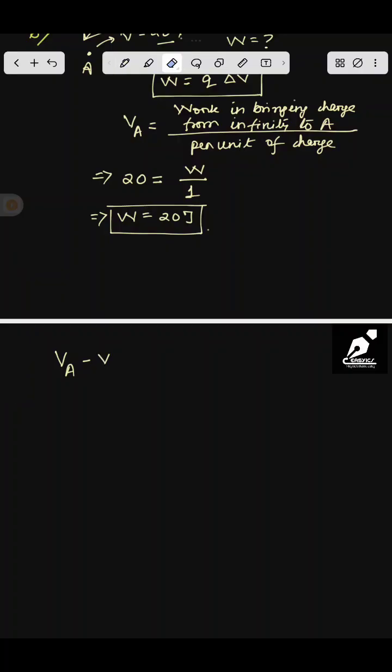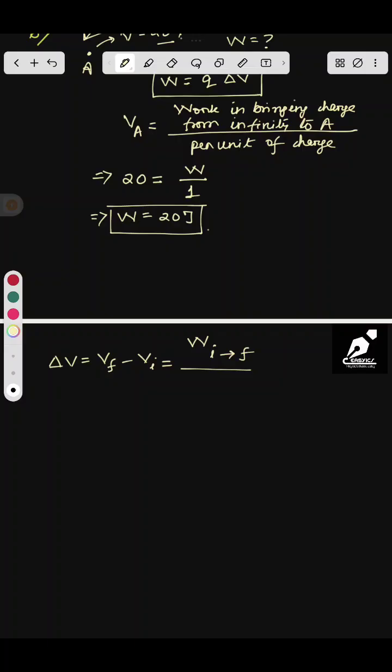Let me state it in a better way. Potential difference is equal to V final minus V initial, which is equal to the work done in bringing a charge from the initial position to the final position, per unit of the charge.